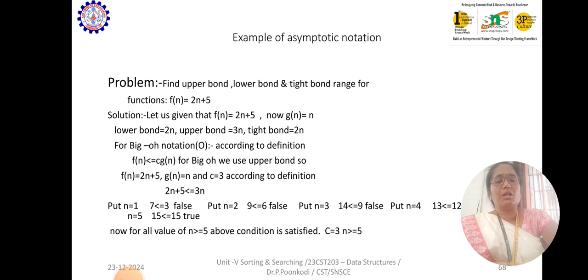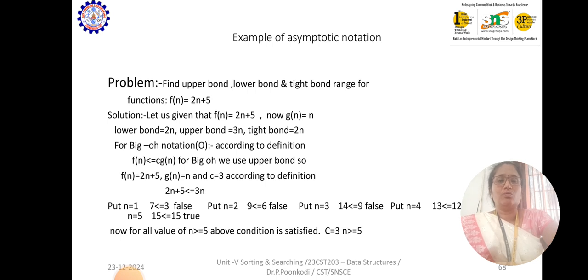For big O notation, according to the definition, f of n is less than or equal to c into g of n. For big O we use the upper bound, so f of n equal to 2n plus 5, and according to the definition, 2n plus 5 less than or equal to 3n.